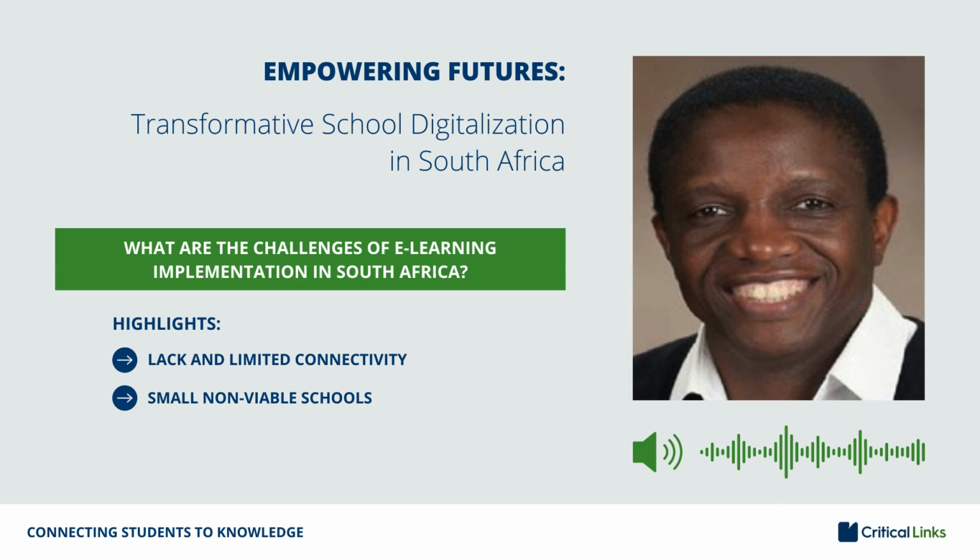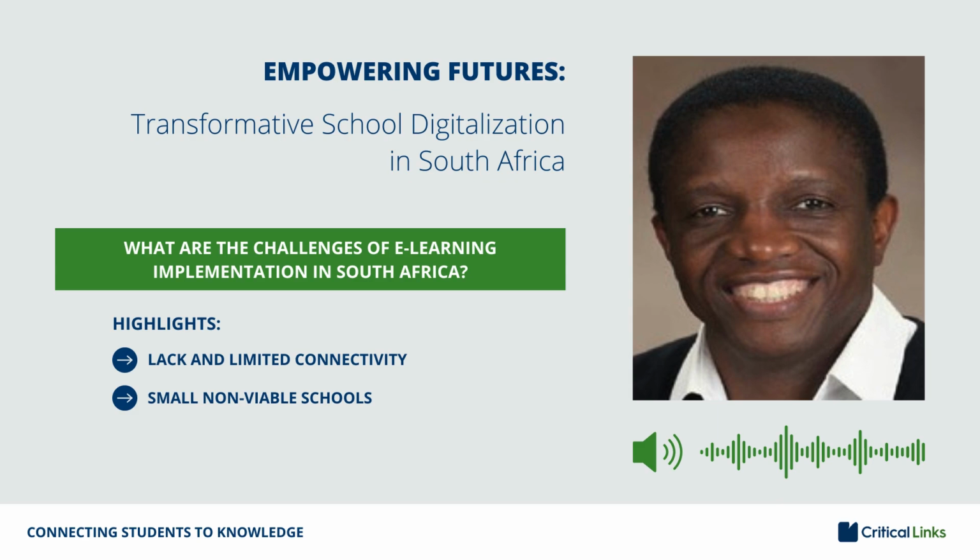And we need to look at what ways we can mitigate these kinds of challenges, like the lack and limited connectivity. There are about 20% of schools in South Africa, out of something like 22,500 public schools, that have connectivity that is adequate for teaching and learning.